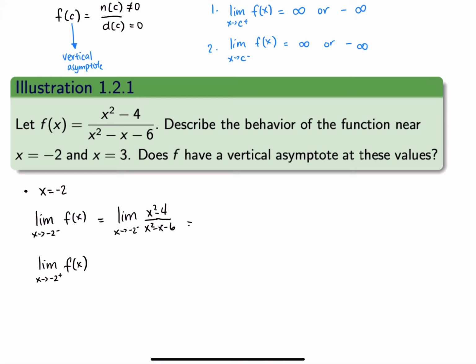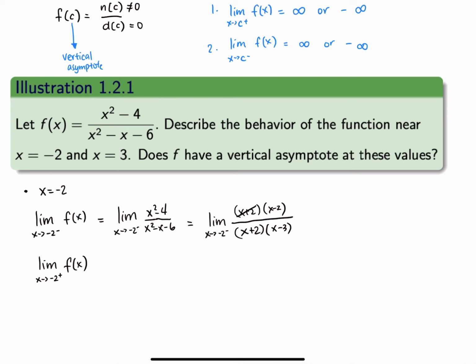We can express this as the limit of x plus 2 times x minus 2 all over x plus 2 times x minus 3 as x approaches negative 2 from the left.